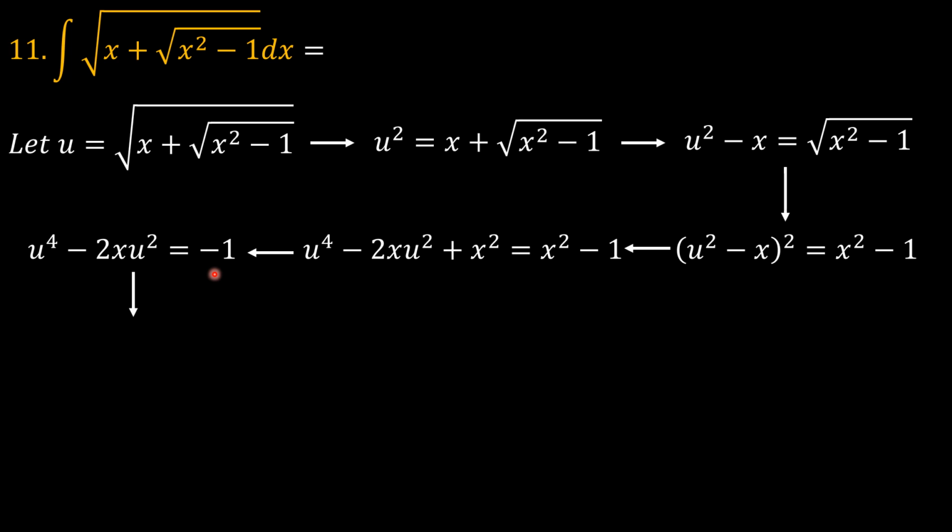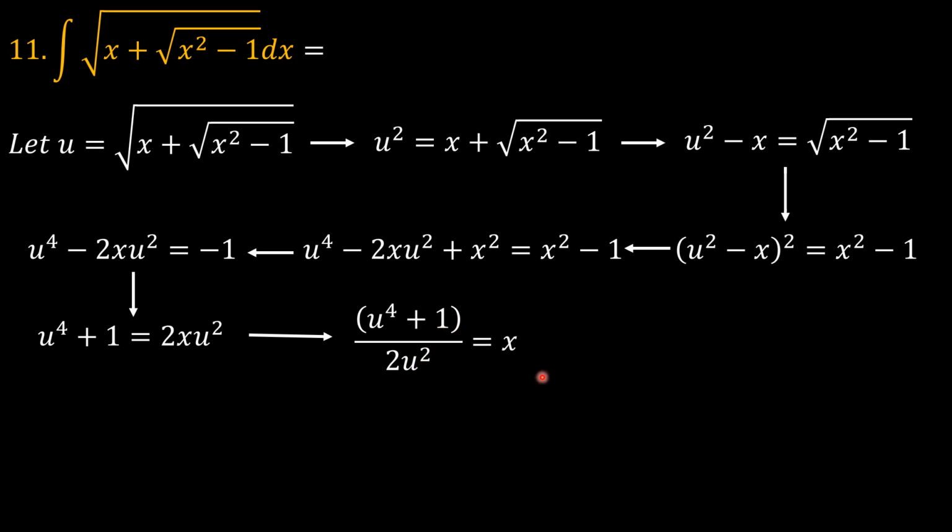Add positive 1 on both sides, so that you have u to the power 4 plus 1, and then when you add 2x u squared to both sides, you get 2x u squared on the right hand side. And so dividing both sides by 2u squared means that now we have u to the power 4 plus 1 over 2u squared equals x.